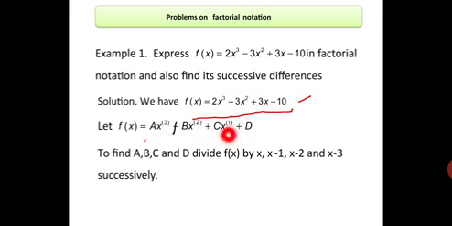I have to find these a, b, c, d by dividing f of x by x, x minus 1, x minus 2, x minus 3 successively, as the equation is only of third degree. I will divide it by these using the synthetic division method.